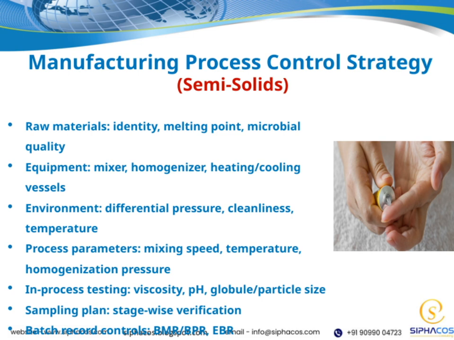Adhering to ALCOA+ principles, ensuring data is attributable, legible, contemporaneous, original, accurate, complete, consistent, and enduring, helps us maintain compliance and confidence in our manufacturing data. Altogether, this manufacturing process control strategy is designed to ensure we produce safe, effective, and high-quality semi-solid products consistently.